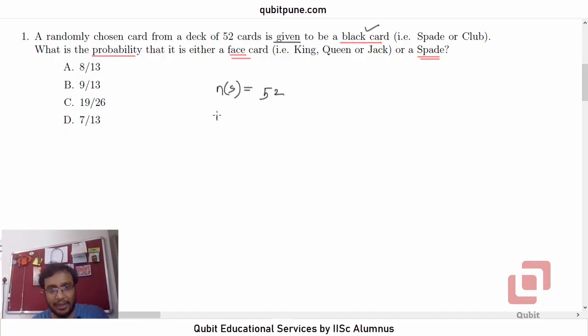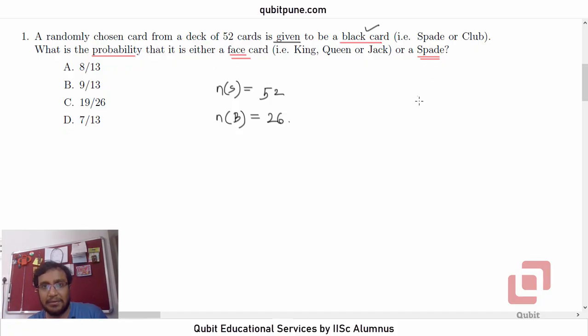Let me call that our event B. So the number of elements in that set will be 26: 13 spade cards and 13 club cards. We need to find the probability that it is either a face card or a spade.